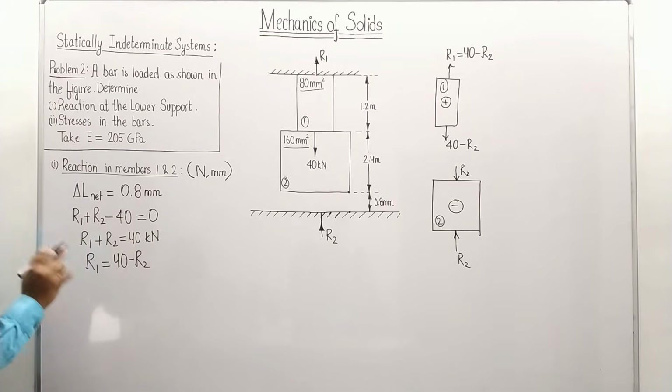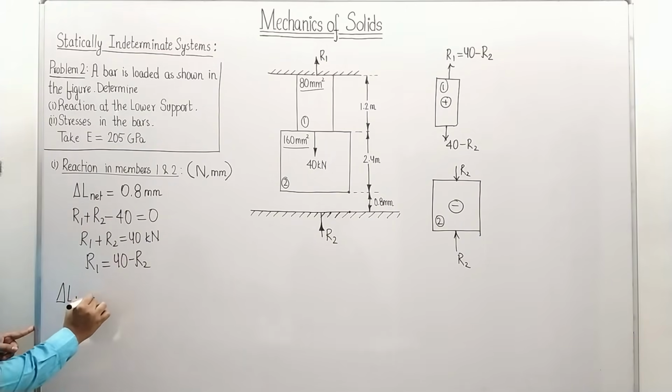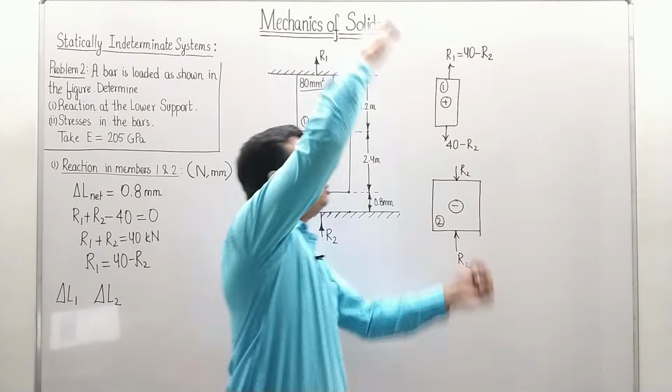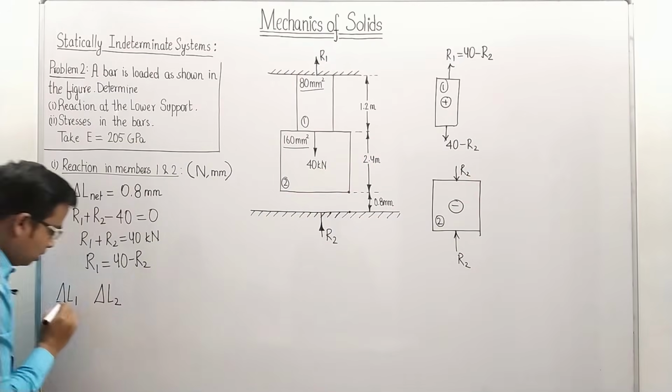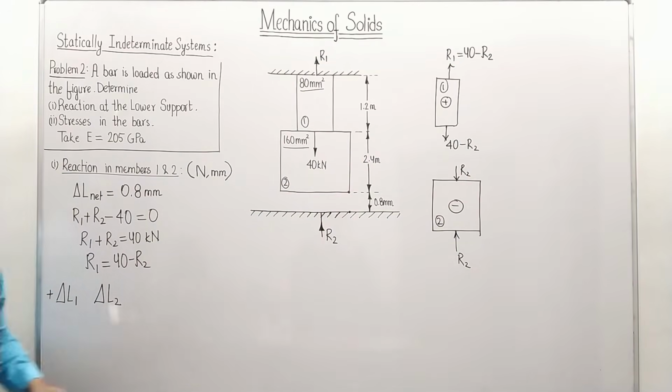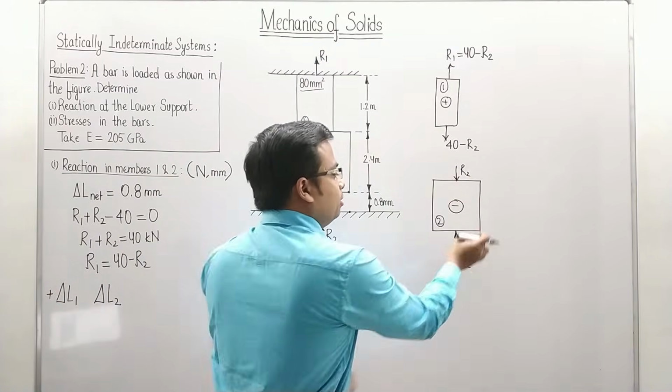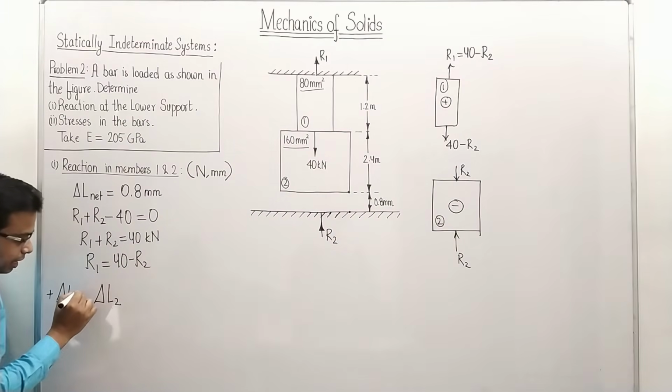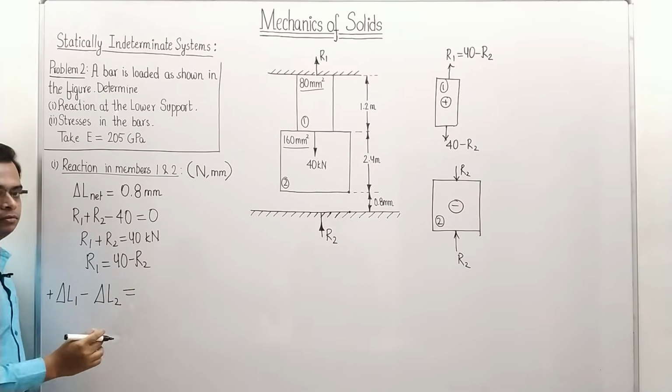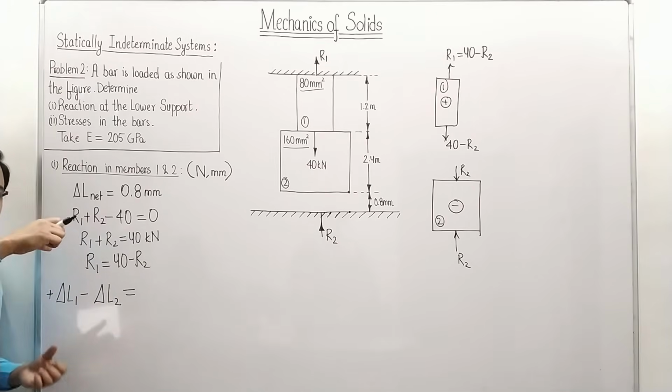How can I frame an equation? I can write it like this: delta L1 and delta L2. Delta L1, what is happening? Tension, positive deformation, so a plus sign. Delta L2, what is happening? Compression, so you need to put a negative sign over here. Somewhere tension is happening, somewhere compression.